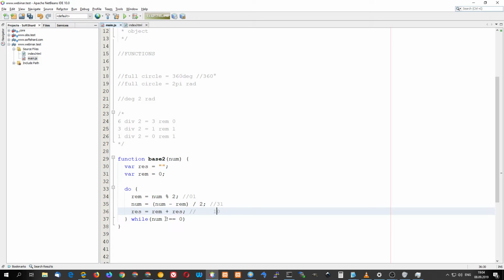So now the number is 1. 1 minus 1 is 0, divided by 2 is 0, and we add the remainder from the left. Number is 0, the cycle ends, we can return the result.